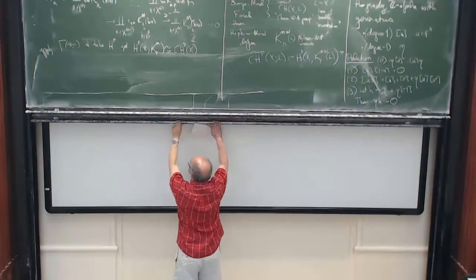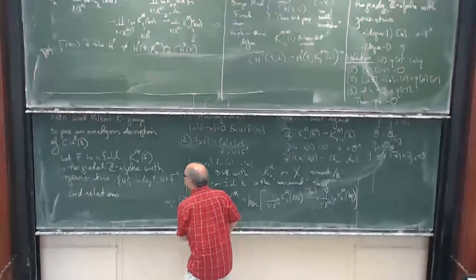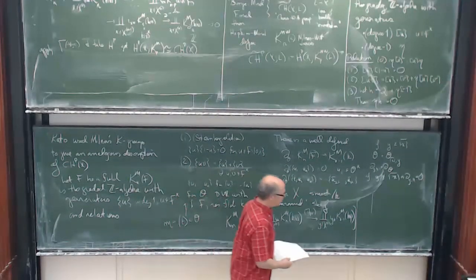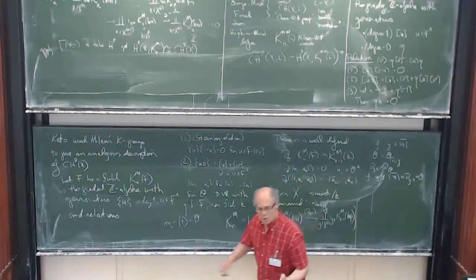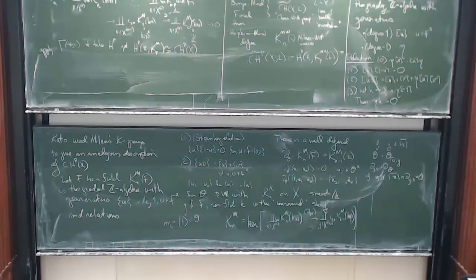So now you want to, again, extend this to a sheaf. The strategy is exactly the same as for Milnor K-theory.